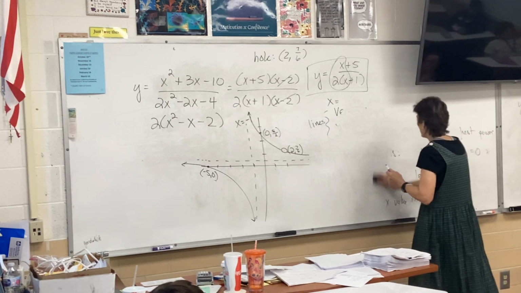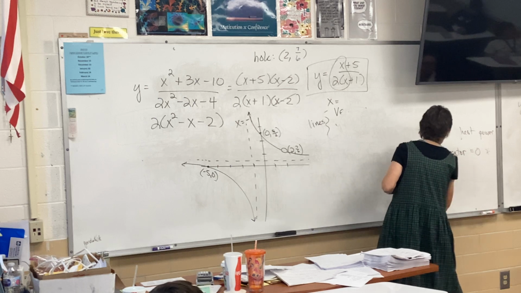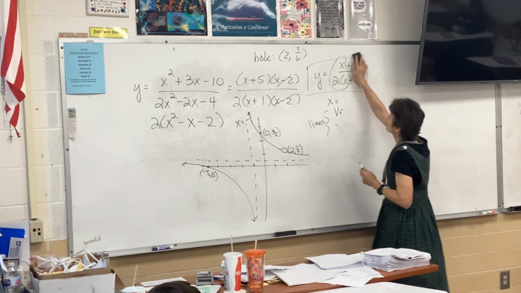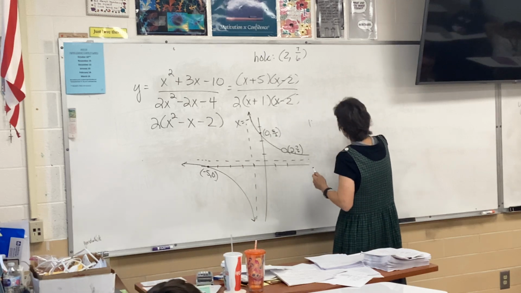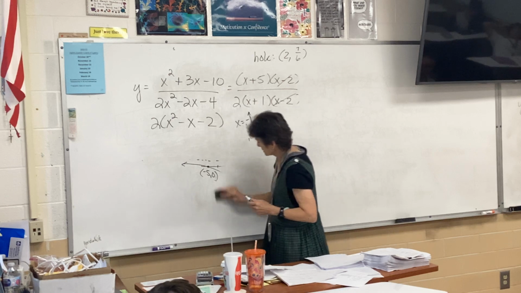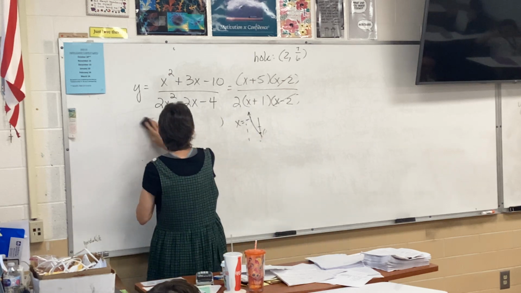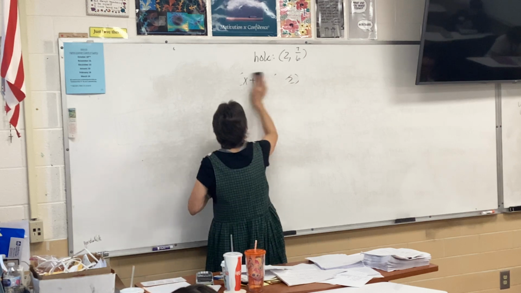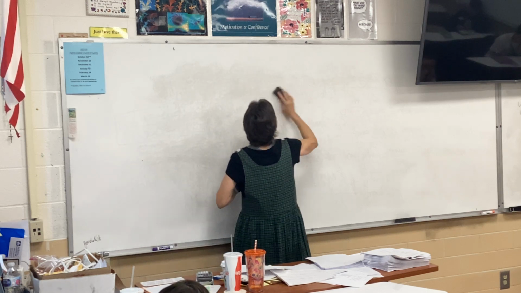If you have your paper that you wrote all these hints down on, you can have that out today as we practice. But our goal is to start getting those memorized so that you know how to find a vertical asymptote.